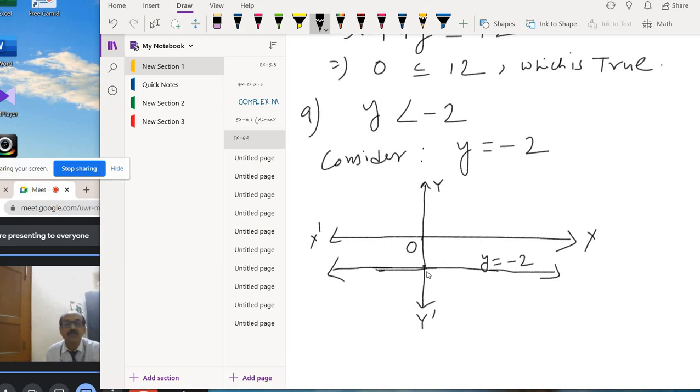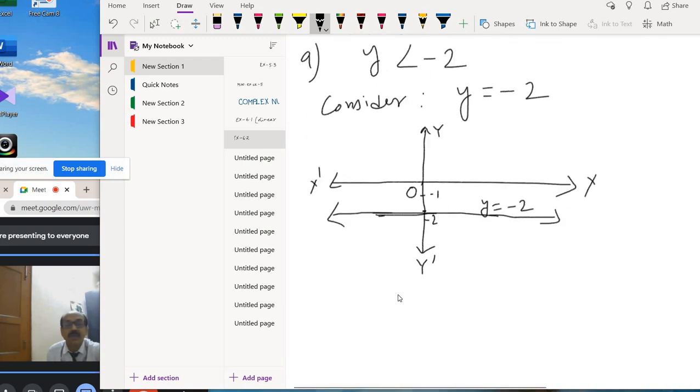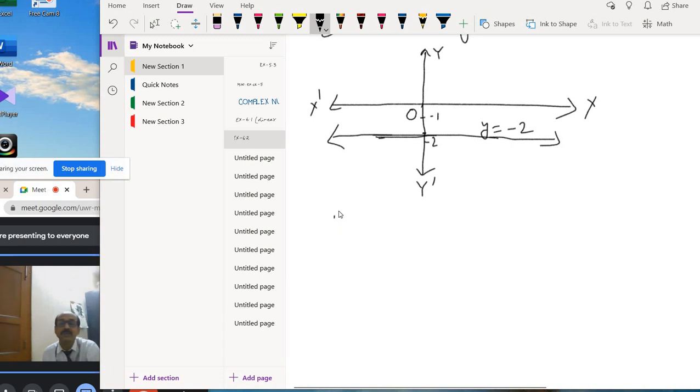Now, suppose this point is -2 and this point is -1, like this. Now put 0, 0 in the given inequality for finding the direction. Putting x equal to 0 and y equal to 0 in y less than -2, we get 0 less than -2.